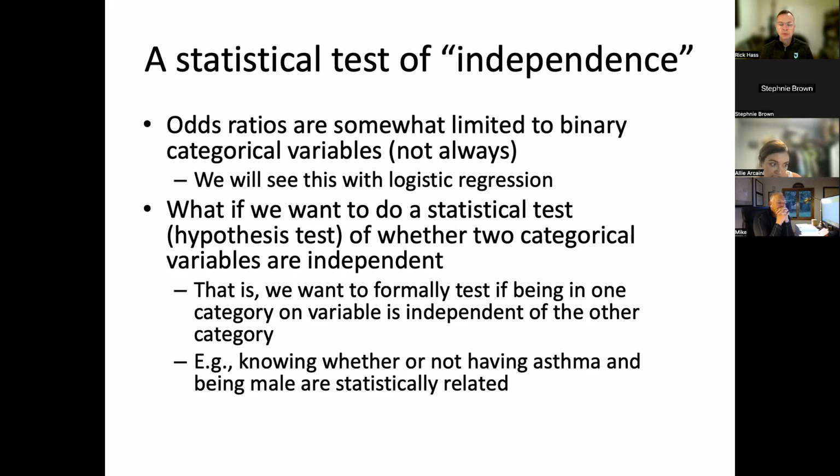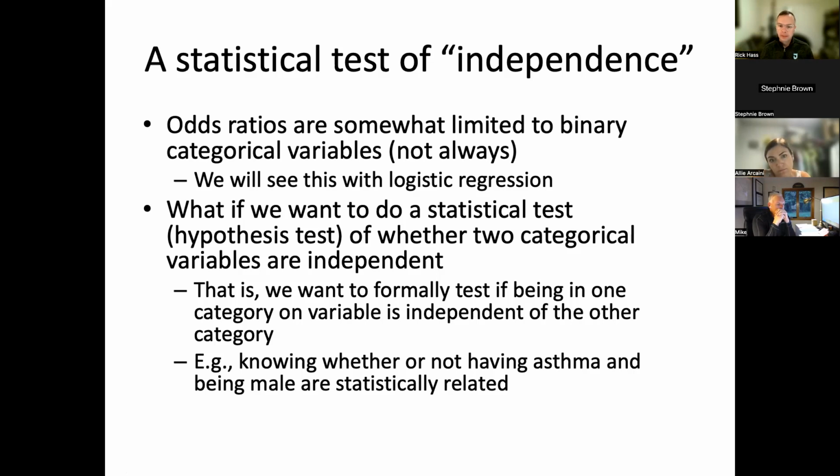So we can formally test for statistical independence between 2 categorical variables. And it's the same hypothesis. The working null hypothesis would be that one variable is statistically unrelated to the other, which again means that we don't get any information about the second variable from knowledge of the first.